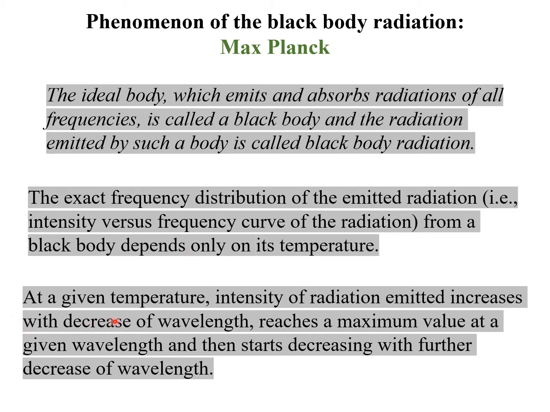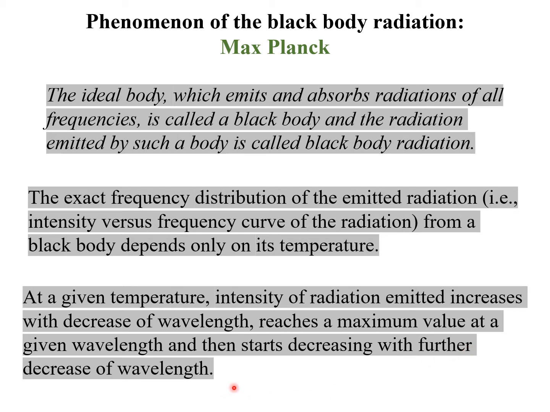At a particular temperature, the intensity of radiation emitted increases with the decrease of the wavelength, reaches a maximum value at a given wavelength, and then starts decreasing with further decrease of the wavelength. So basically, this point explains an experiment.